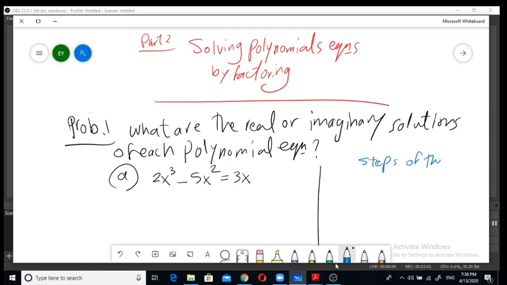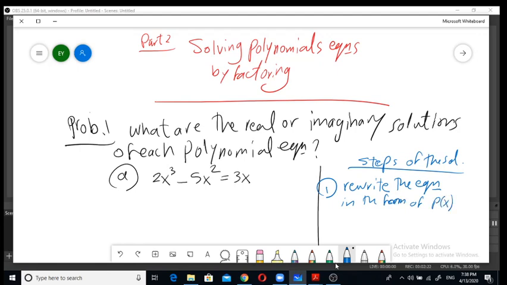Steps of the solution. First step, we are going to rearrange the equation in the standard form. We write the equation in the form of p of x, which is polynomial of x, is equal to 0.